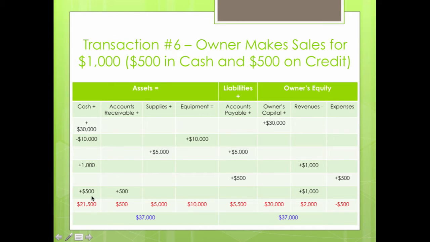And the remaining $500 goes under accounts receivable. Remember that we record any money that is still owed to the business in accounts receivable. And then we add the balances on each of the accounts, which are the values in red, and then we make sure that the accounting equation balances.